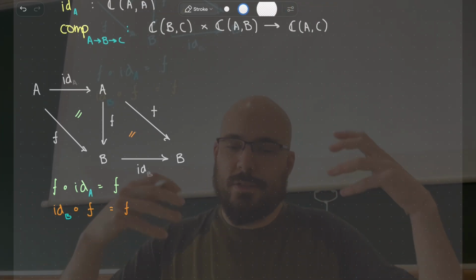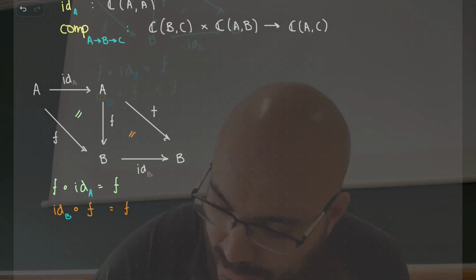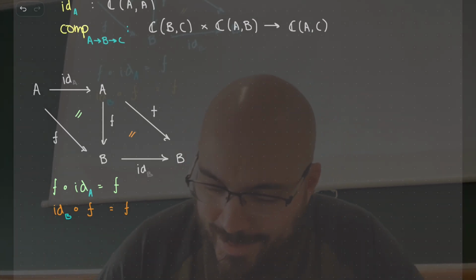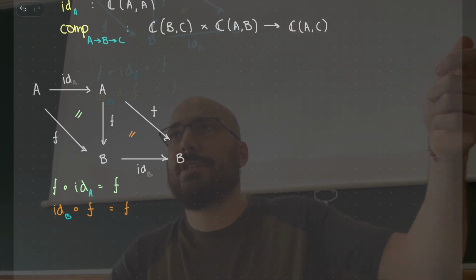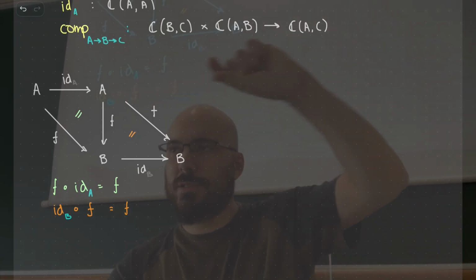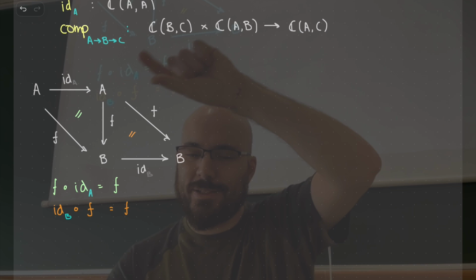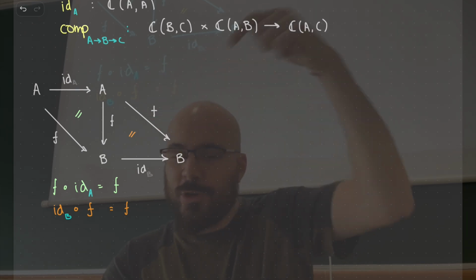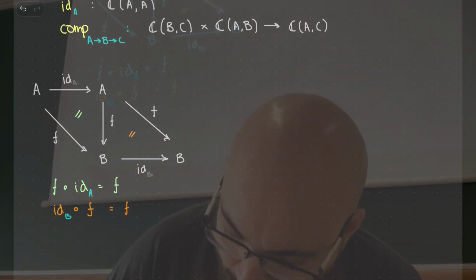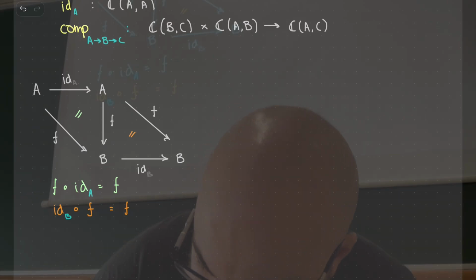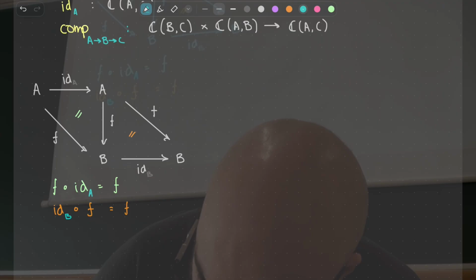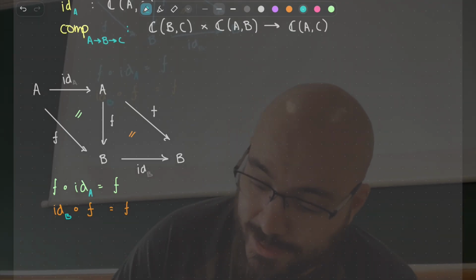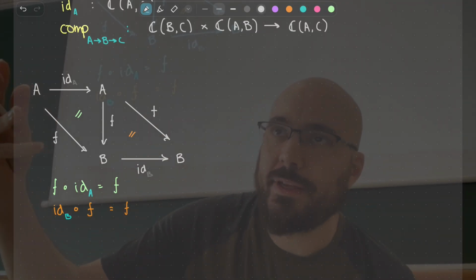composition is associative in the following sense. Again, I don't get to literally say that it's associative because all the little balls that will appear there, these operation symbols, will be subscripted with different implicit types, but let's write it down. So the diagram here, in order to speak of associativity, I need three things, right?